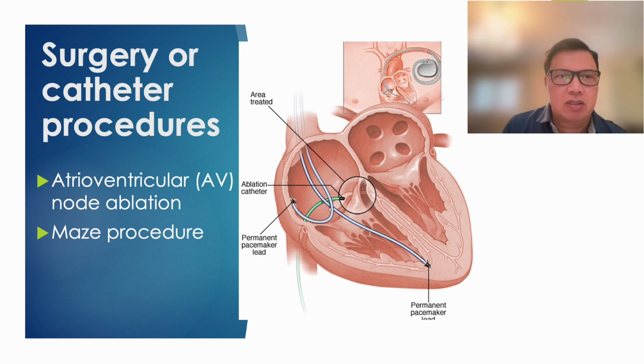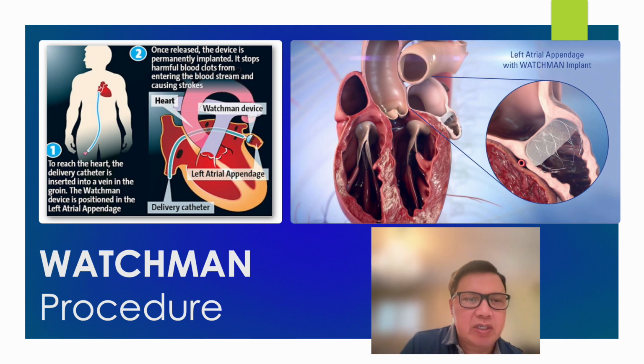And then there's another procedure called the Watchman procedure. This one is to prevent blood clots or stroke, and usually this is also done in the hospital, where the cardiologist inserts a catheter through your groin all the way to the left atrial appendage, and then deploys an umbrella-like structure.